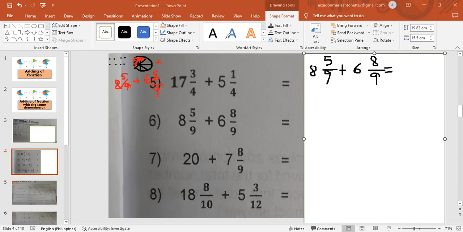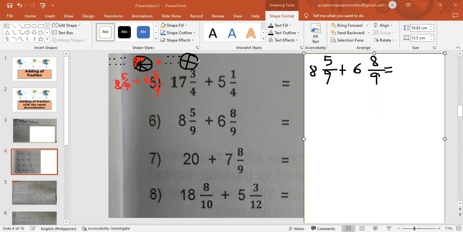So, we have 6 pizza again. 1, 2, 3, 4, 5, and 6. We have 6 pizza. Now, the other pizza has another 9 parts.